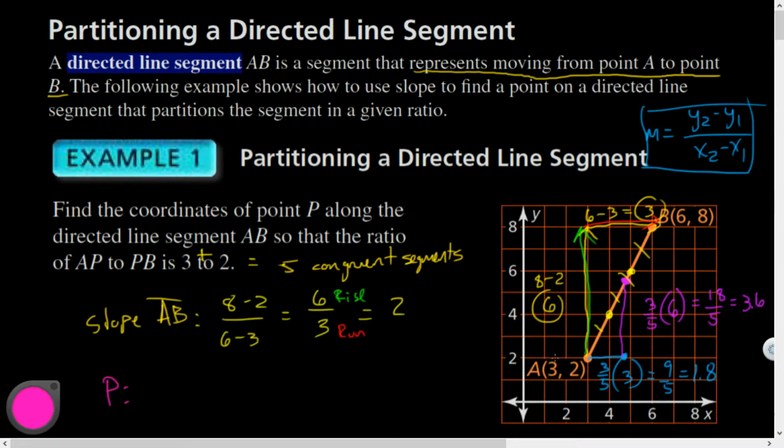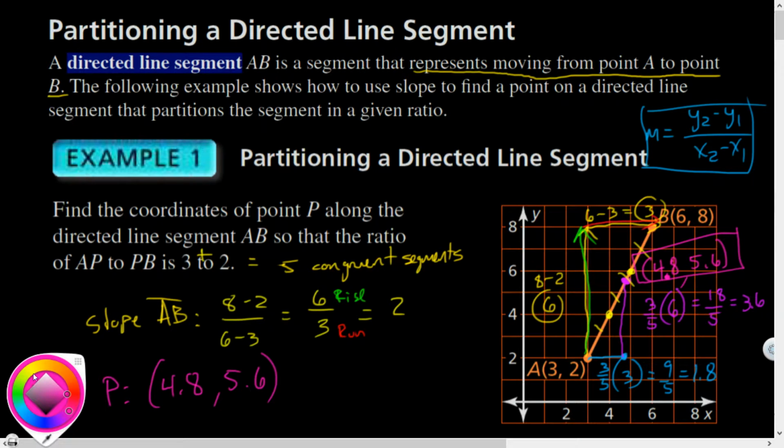Well, P is going to be 1.8 added to the x coordinate here. So that's what, 4.8? Yes, 4.8, and 3.6 added to the y coordinate, so that's going to be 5.6. So P was 4.8, comma 5.6. I don't think I've ever seen this show up in a geometry book before, so I'm interested to see what we'll end up doing with it.